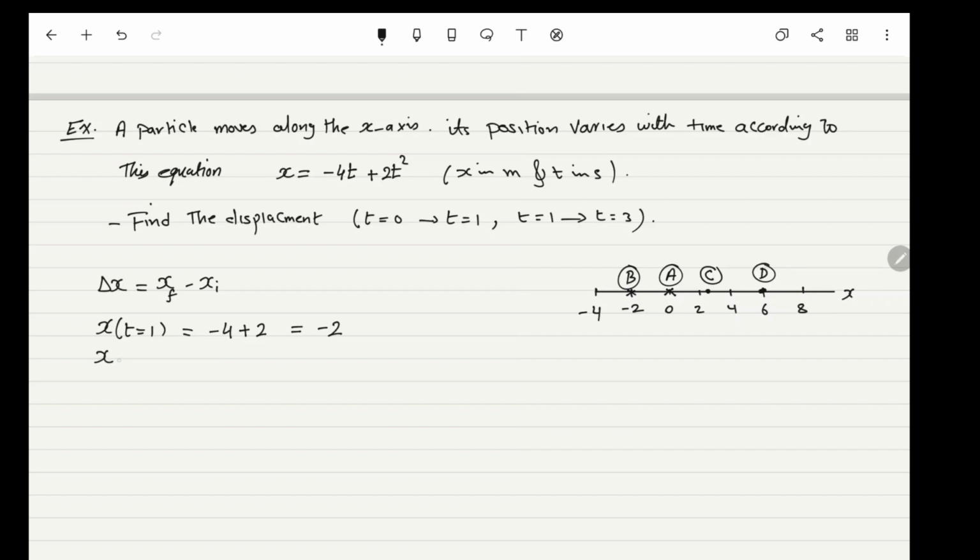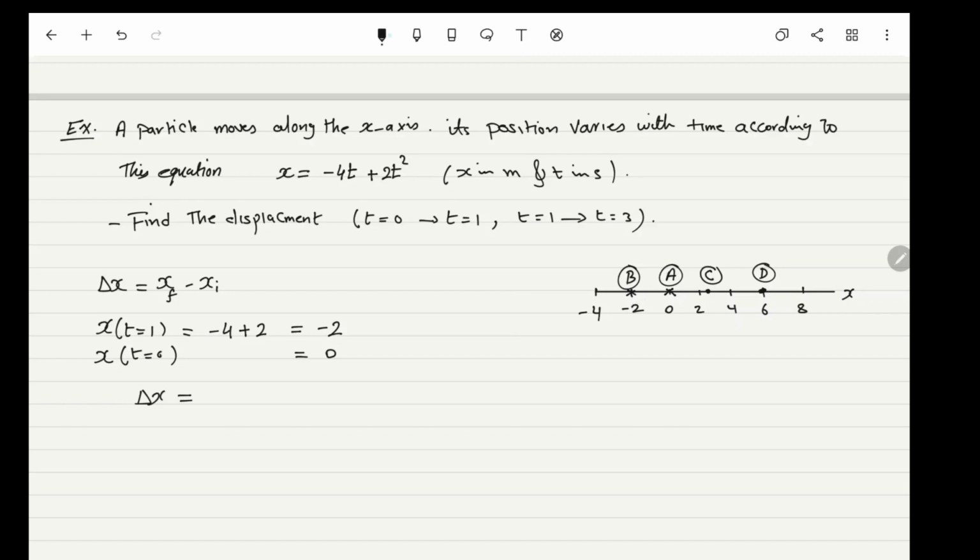Now x when t equals 0, you just substitute 0 back in this equation, and it is equal to 0. So delta x, the displacement here, equals x final. Let's look at the line here, from 0 to -2, so from A to B.